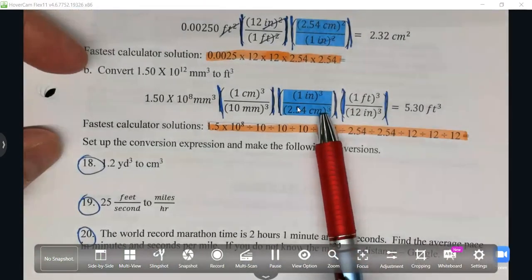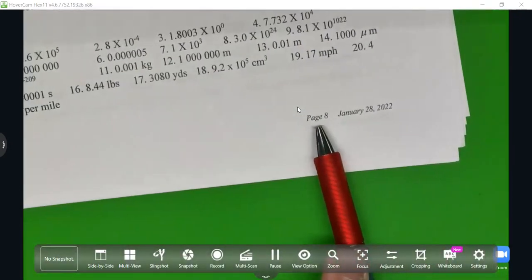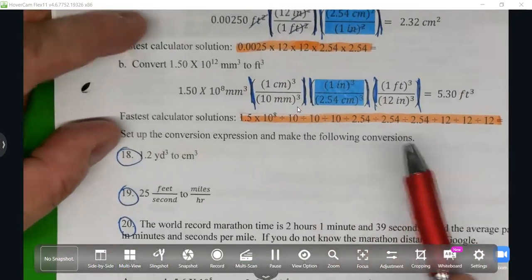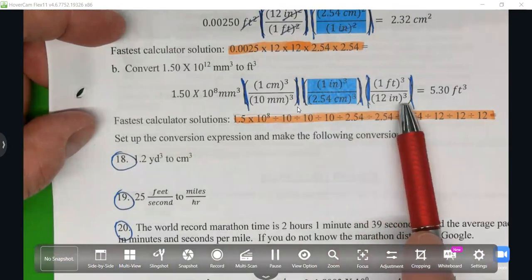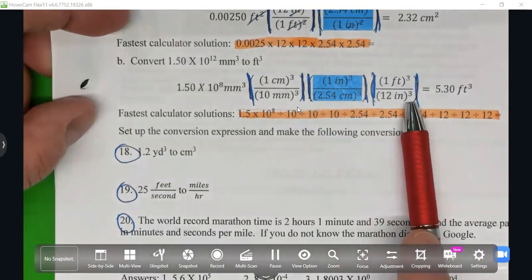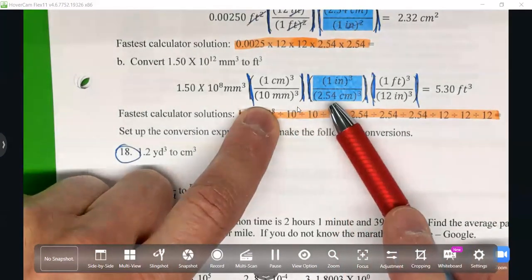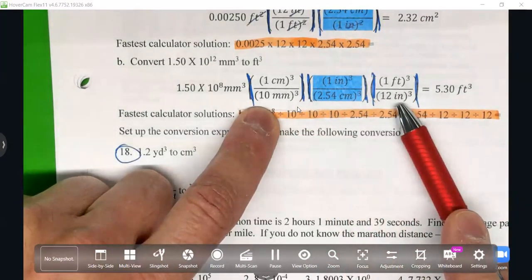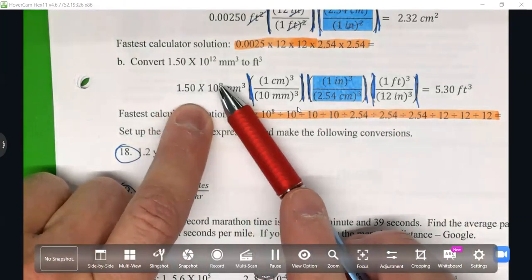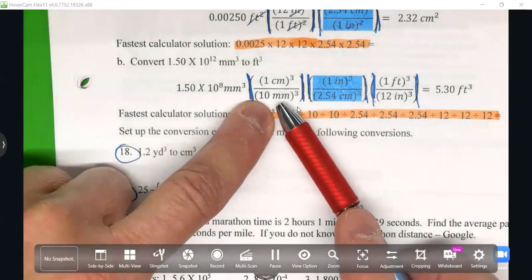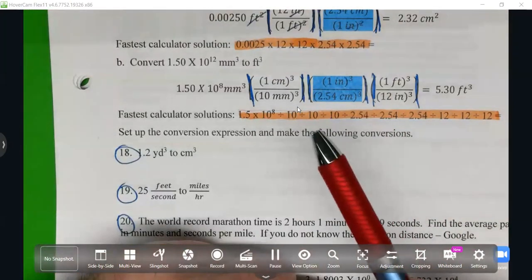If I have something like this from page 8, let's say that none of these are cubed. To put this into my calculator, I'm going to hit the division key 3 times. So I would go 1.5 times 10 to the 8, divide by 10, divide by 2.54, divide by 12, equals.